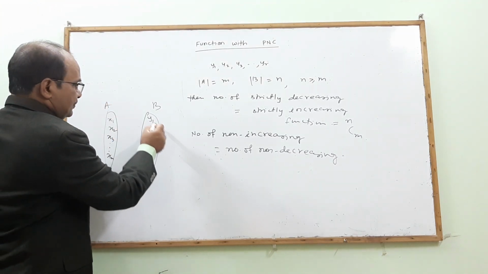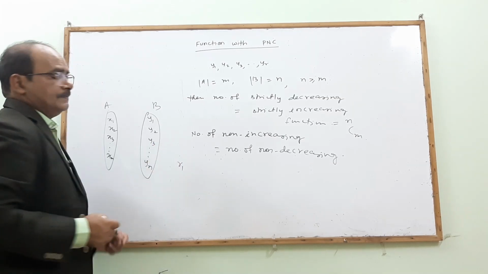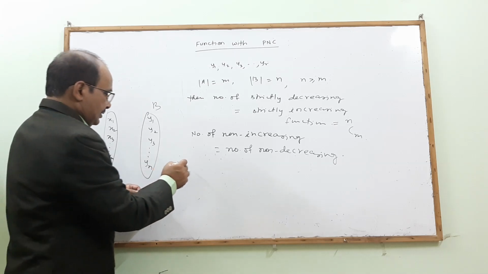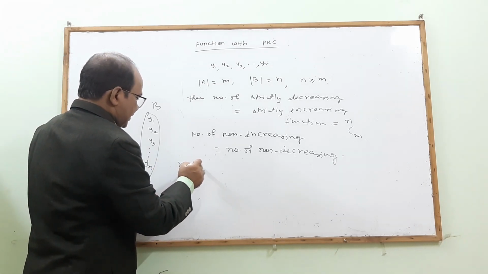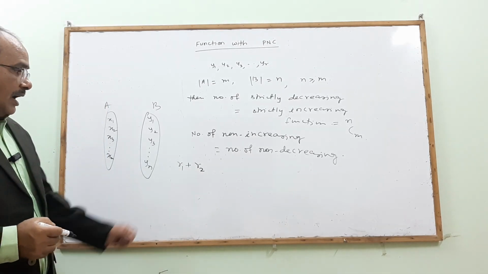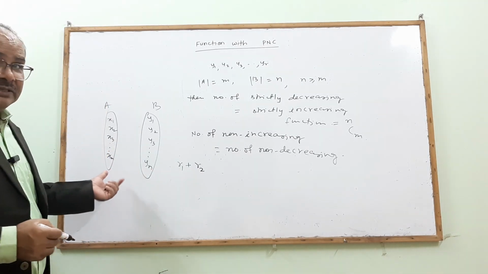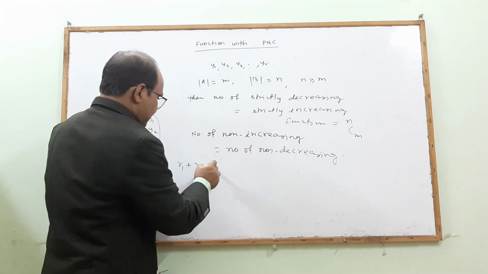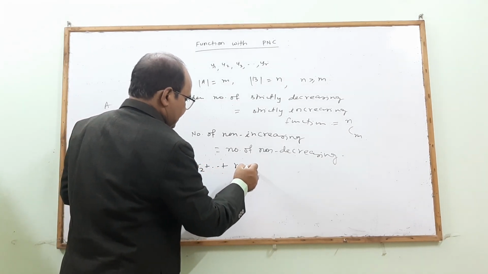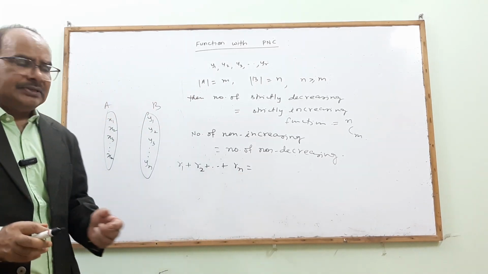Y1 connected to R1 elements and Y2 connected to R2 elements of set A. In the same way, Yn connected to Rn elements.